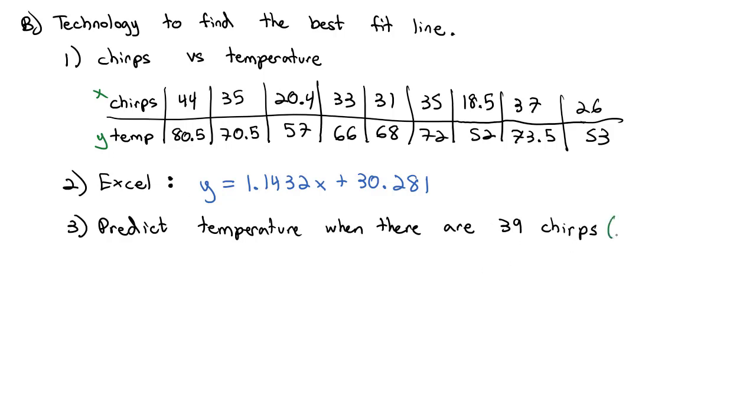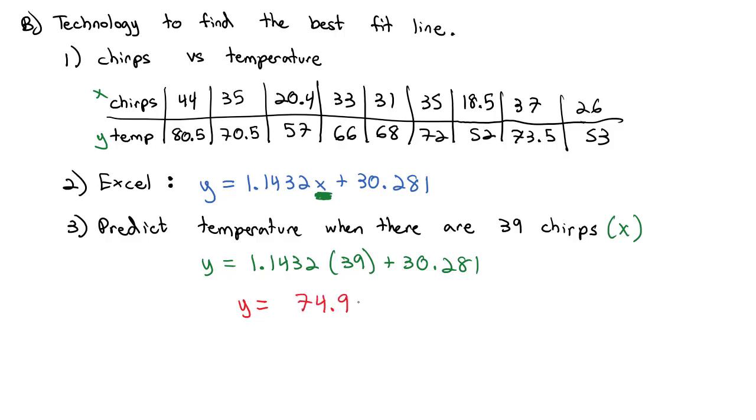Well, we said the chirps were the x values, so I'm going to plug that in for x in my equation, and we get y equals 1.1432 times our 39 chirps plus 30.281. And when I do that, I find out y is equal to 74.9 degrees. So it's almost 75 degrees if there are 39 chirps a minute.